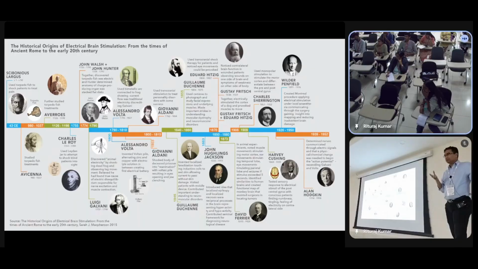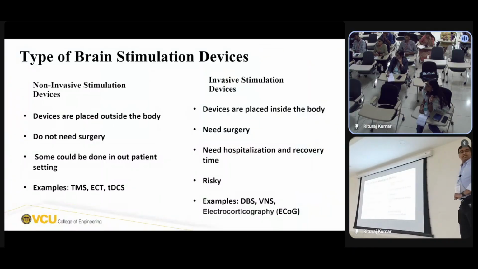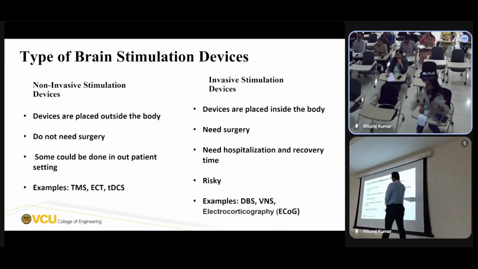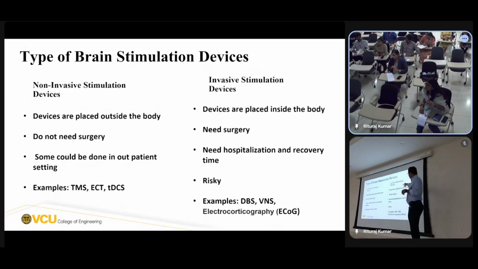Government will not allow you to come up with a device just like that to stimulate a certain part of the brain unless you tell what exactly it does, how it helps, does it cure any disease, and so on and so forth. So that is brain stimulation. There are non-invasive stimulation devices. TMS is one of them. There are invasive stimulation devices. Non-invasive ones just sit on the head and send some signal or magnetic field.